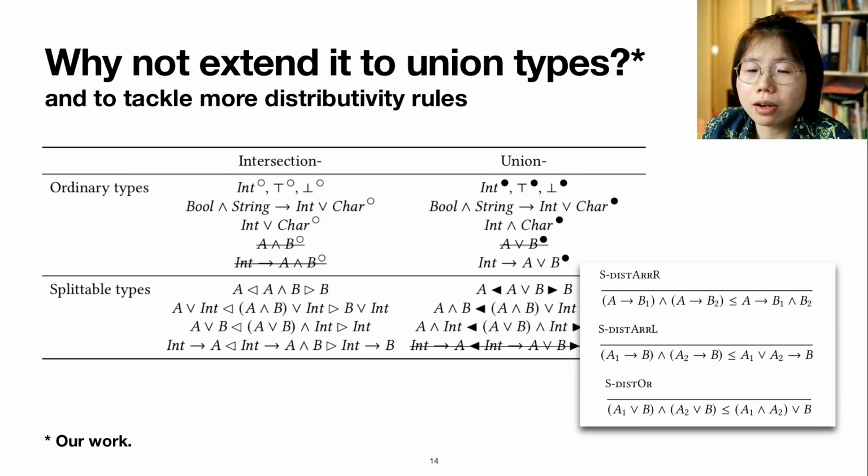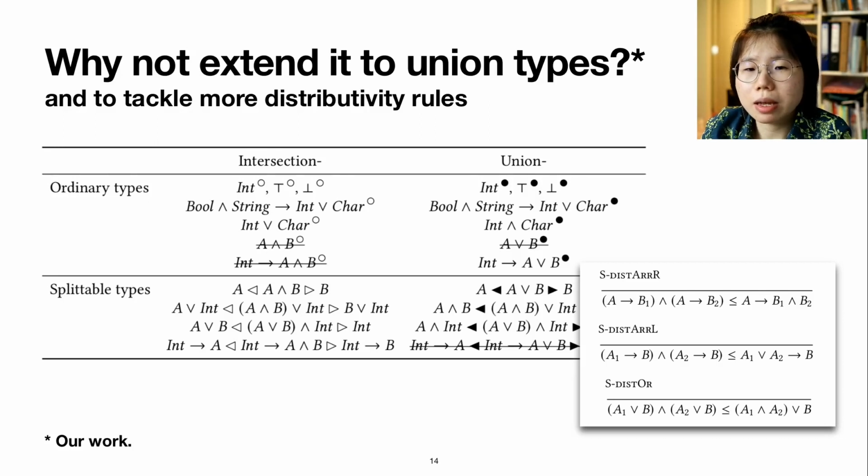And in this paper, we extend the idea of splittable types to union types. Previously, there are ordinary types and splittable types defined according to intersection types. Now we also have union ordinary types and union splittable types.